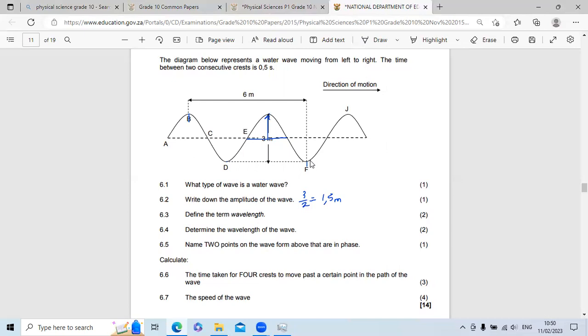Isn't it 2.5 waves? No, because you have to look at the distance. The distance is from here to here. So this part and this part are not covered within that distance. Do you understand it?